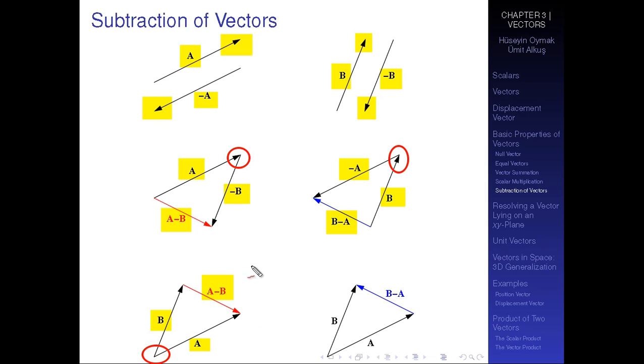The desired difference or subtraction A minus B is the vector from the vector B, that is the second vector, to vector A, and in this case B minus A is the vector from the vector A to vector B.